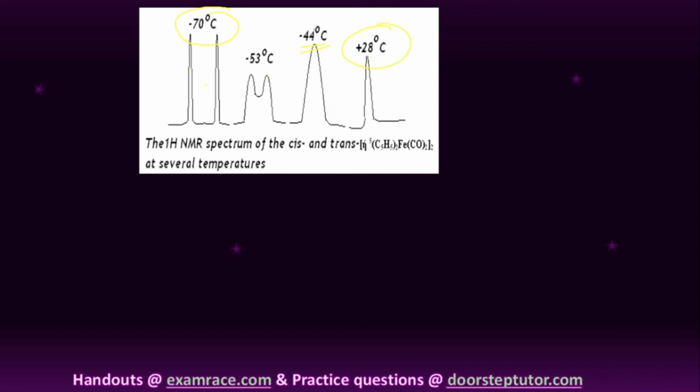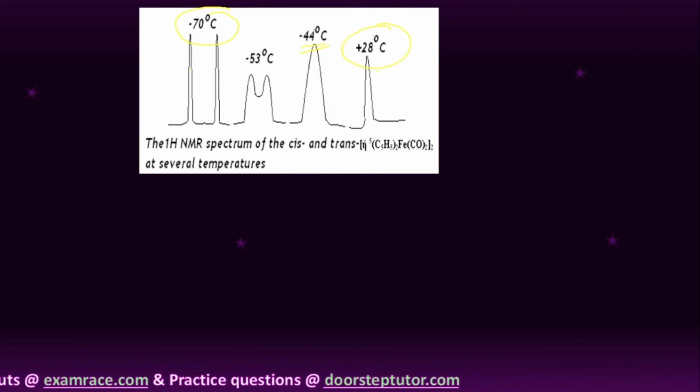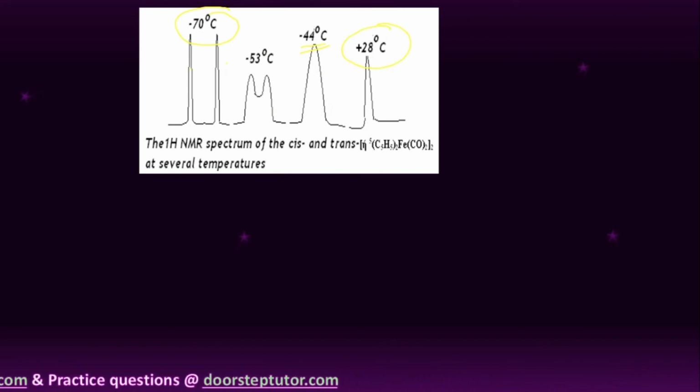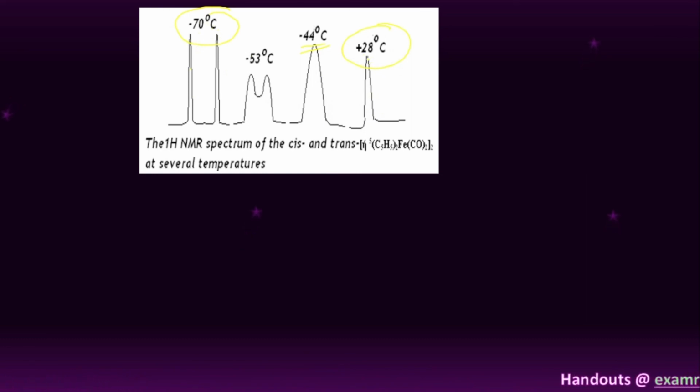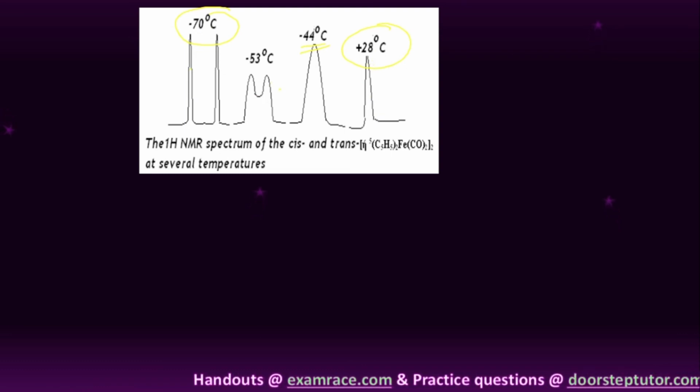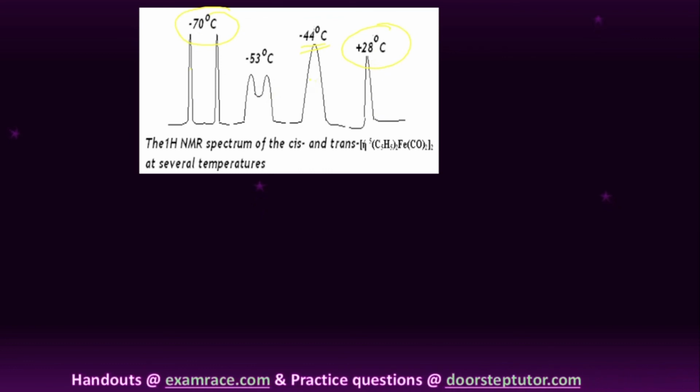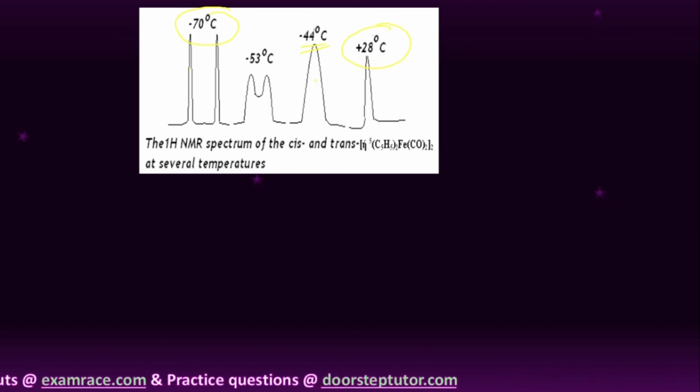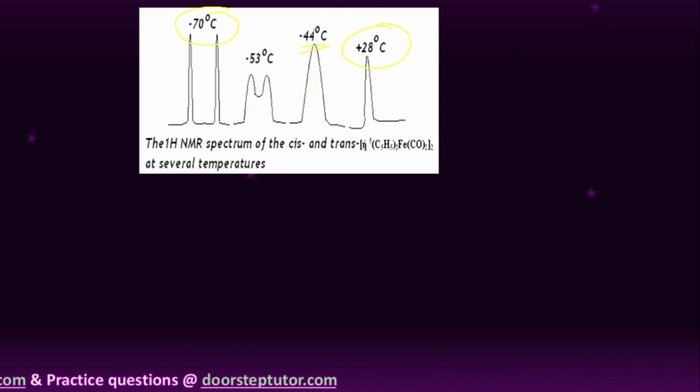This indicates the cis and trans isomers are interconverting. The cis isomer gives two signals at minus 70 degrees, but at room temperature only one signal. Okay, so this is about the cis and trans interconversion of the cyclopentadienyl diiron tetracarbonyl molecule.